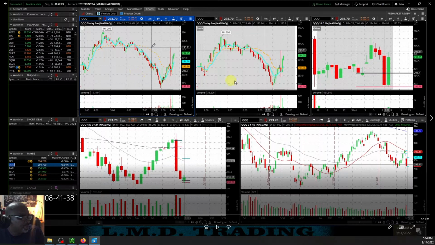So on the 2 minute and the 5 minute, we could say that it's somewhat transitioning from this downtrend to an uptrend. Right now, still no real clear sense of direction, but we do see that it's transitioning. And here, I'm just dropping a price action line based off of these points right here.